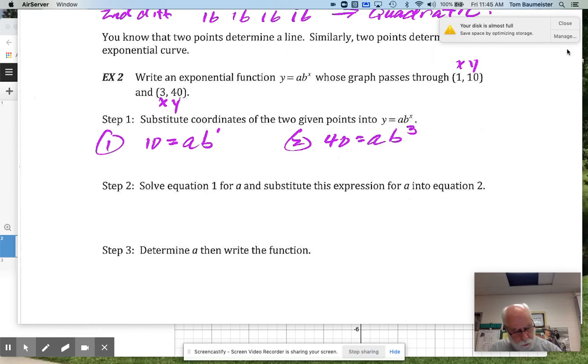So on the first one, we're going to solve it for a. So I'll get a is equal to 10 divided by b. And then wherever I see a in the second equation, I'm going to replace it with that. So in the second equation, I have 40 is equal to 10 over b times b cubed.